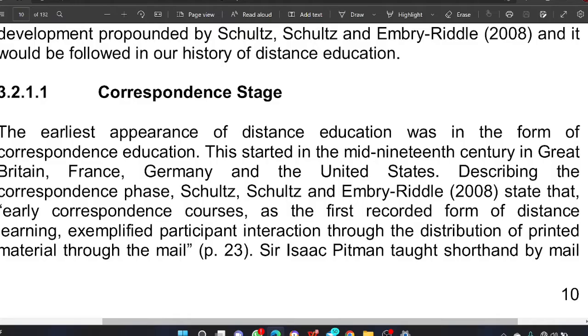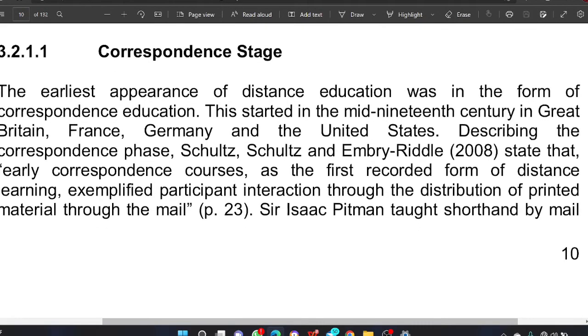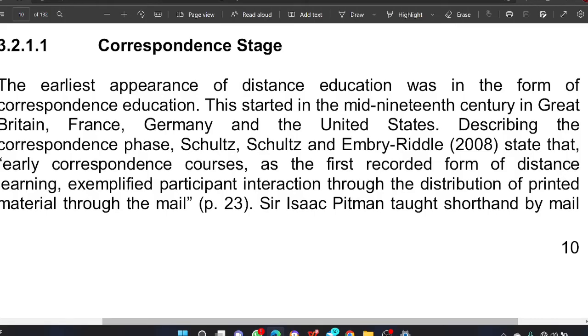Describing the correspondence phase, Schultz and Embry-Riddle, 2008, stated that early correspondence courses, as the first recommended form of distance learning, exemplify participants' interaction through the distribution of printed material through the mail.